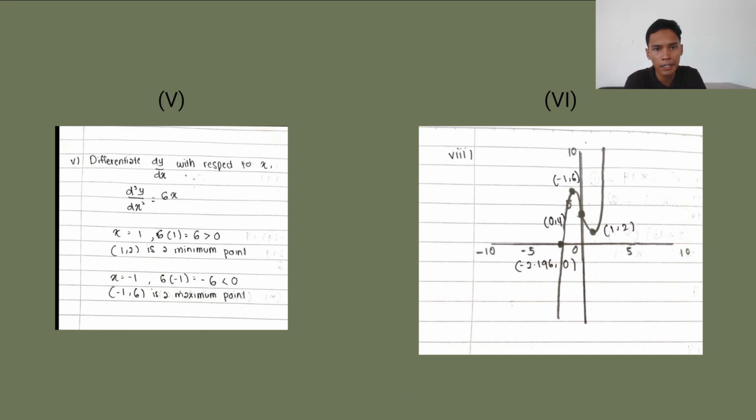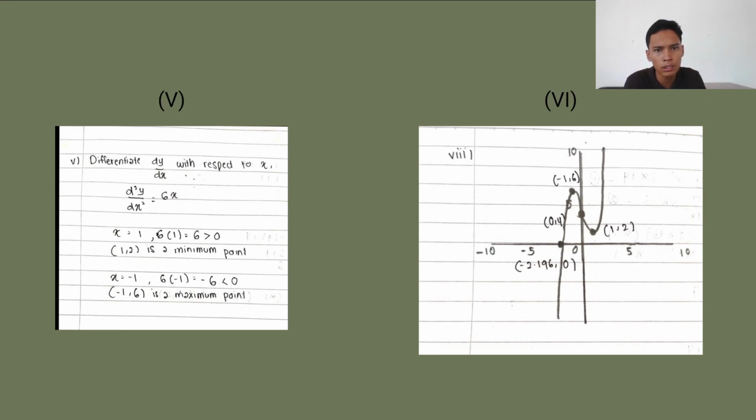So number 5, differentiate dy/dx with respect to x. d2y over dx2 equals 6x. x equals 1: 6 times 1 equals 6, greater than 0.